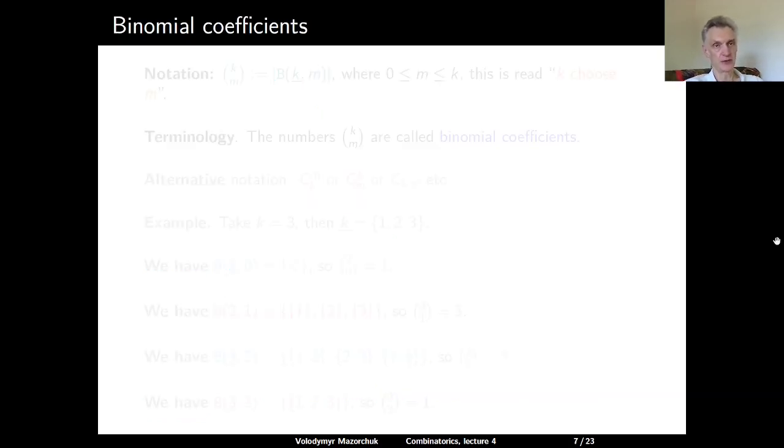Now we can define binomial coefficients. We denote by the following symbol, which is usually read as k choose m, the cardinality of the set B of k underlined m. So the number of m-element subsets of a set with k elements is denoted by this symbol, which is usually pronounced as k choose m.